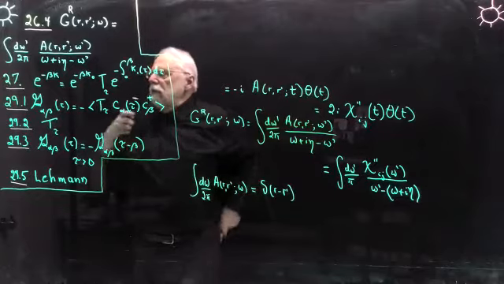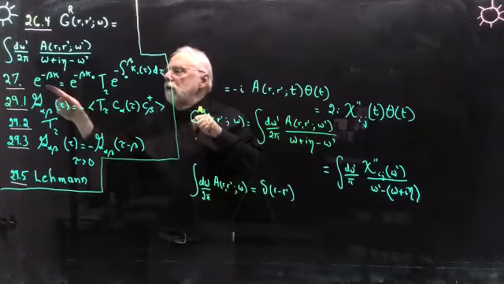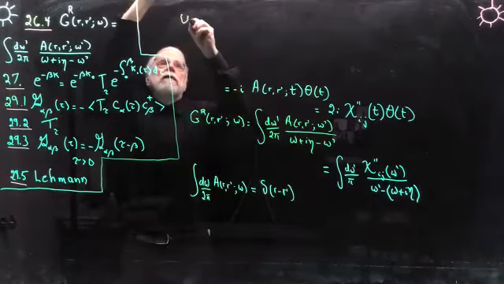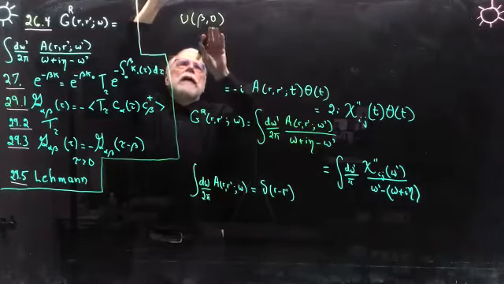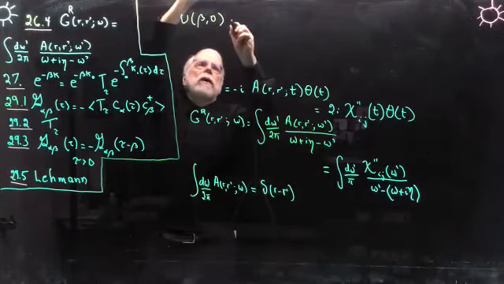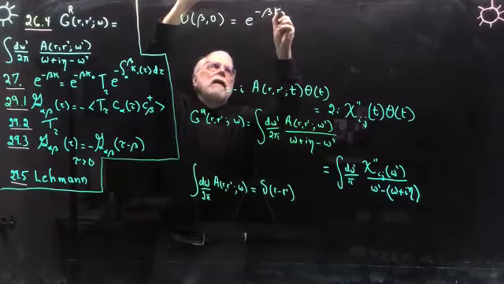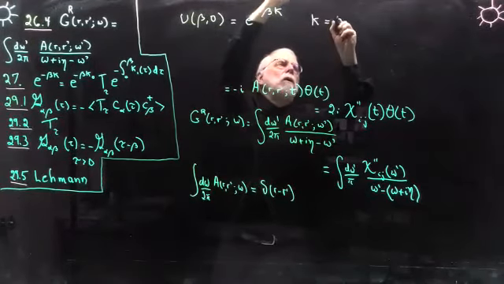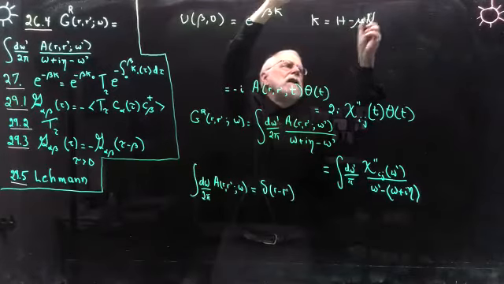So let me work out perturbation theory now, the interaction representation for this object. If I call u of beta 0 the imaginary time evolution operator, I write this as e to the minus beta K, where now K is equal to h minus mu n.